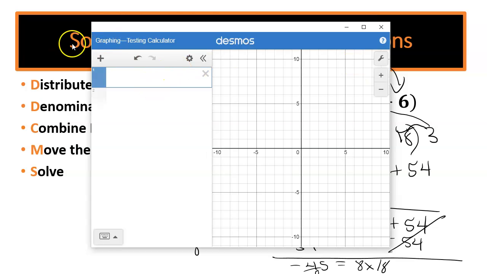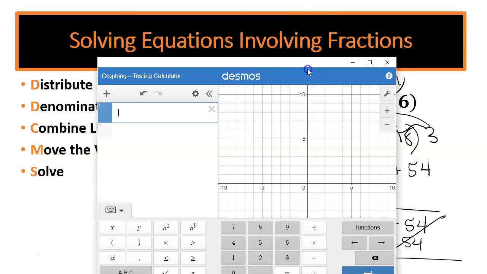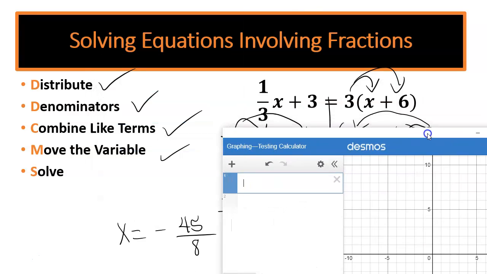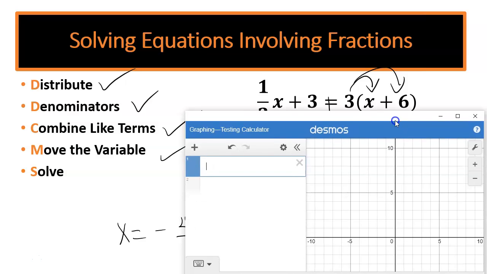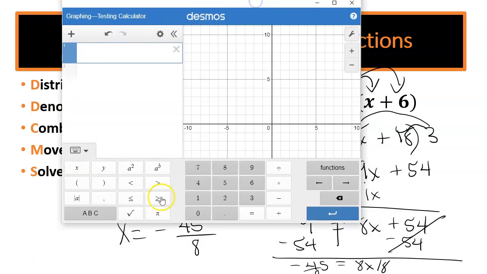Okay, so with this, I'm going to switch it to calculator right here, and I can plug in to see that this is correct. So negative 45 over 8. I'm going to type in 1/3, so 1 divided by 3, and then it's times x.